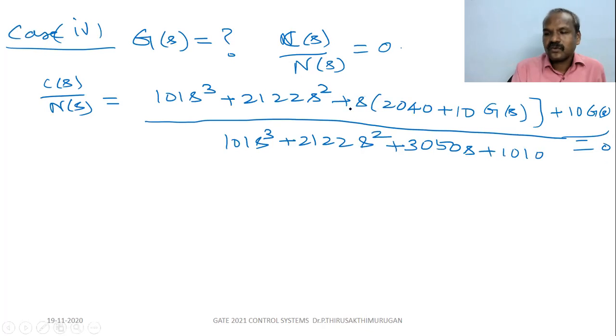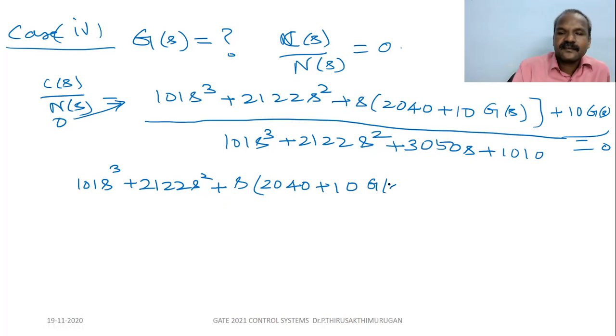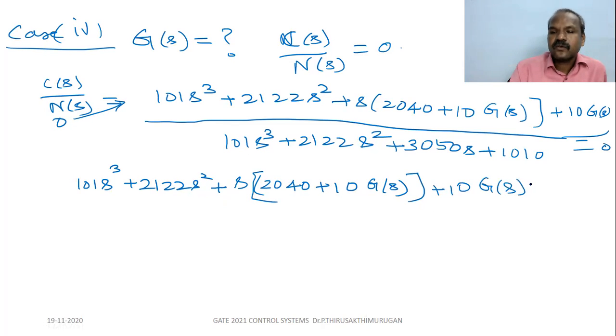So this is equal to 101 s cube plus 2122 s square plus s into 2040 plus 10 g of s equals 0. Clear?